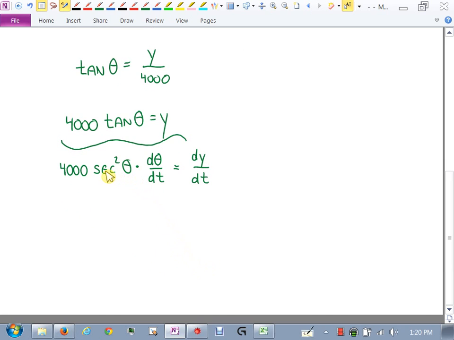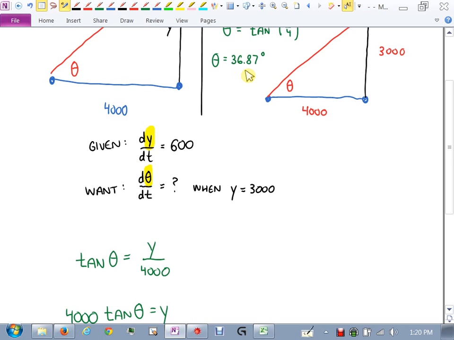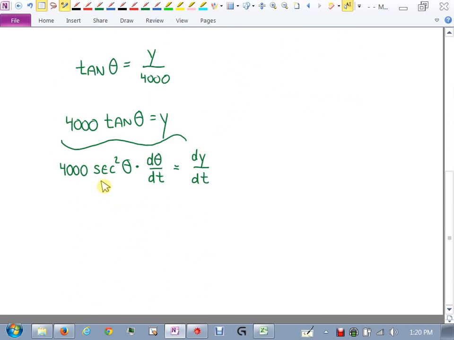Now remember, on the secant theta, you can just use your calculator for this, because you know now that theta is 36.87. But you would need to remember what secant is. So I'm going to write this out. This is 4,000 times secant, which is the same as 1 over cosine, and then theta is 36.87.